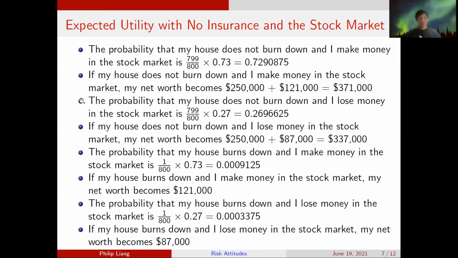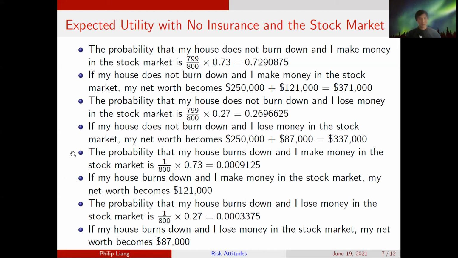0.7290875. So the probability my house doesn't burn down, but I lose money in the stock market is 0.2696625, and my net worth here is going to be my house plus what's left of my investment, which is going to be $337,000.